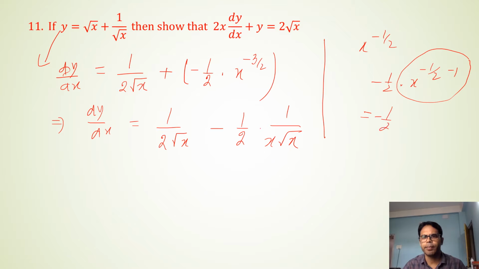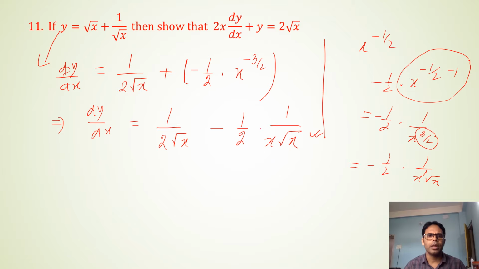Minus already here into it is 1 by x to the power 3 by 2, because power is minus 3 by 2 means it is 1 by x to the power 3 by 2, and that is obviously minus half is already there. It is obviously x root x, because root x is x to the power half and this power is 1, so half plus 1 is obviously 3 by 2, and that is why I am writing here directly 1 by x root x.